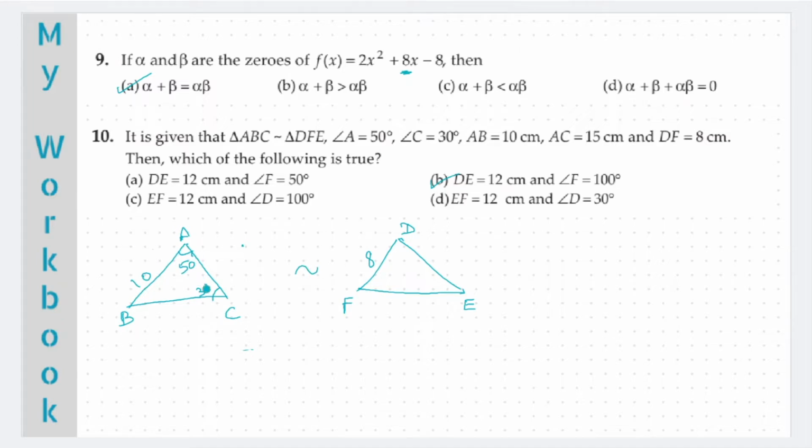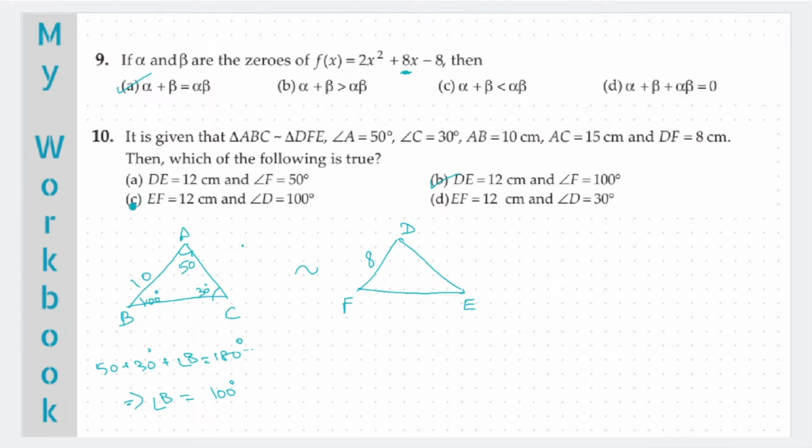When A is 50 and C is 30, we know that the sum of the three angles in a triangle will be 180. So 50 degrees plus 30 degrees plus angle B will give 180 degrees, from which we can conclude angle B is 180 minus 50 minus 30, which gives you 100. So this angle B is 100 degrees.